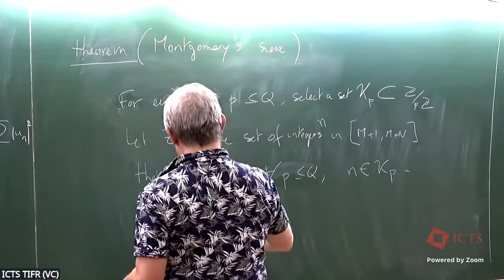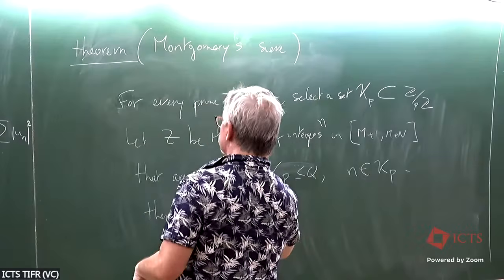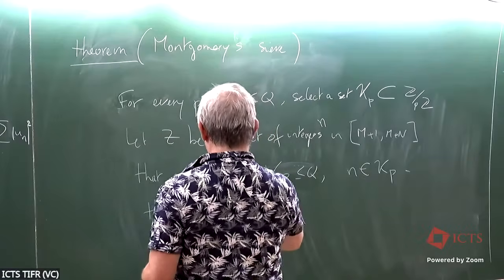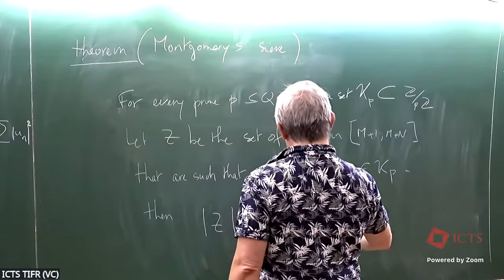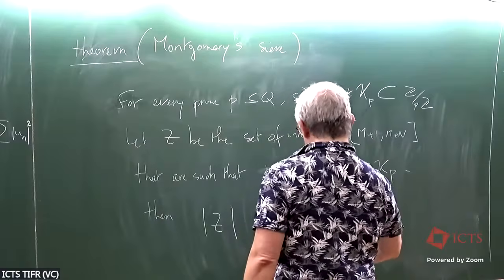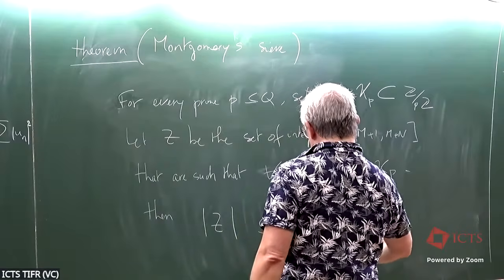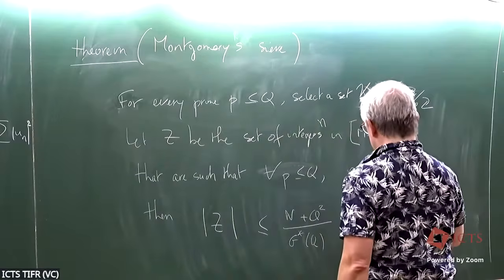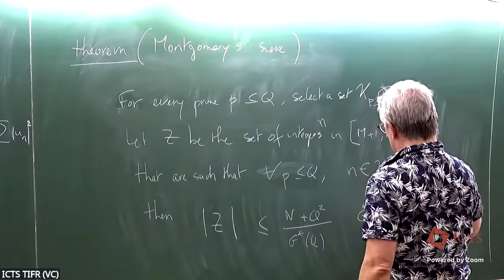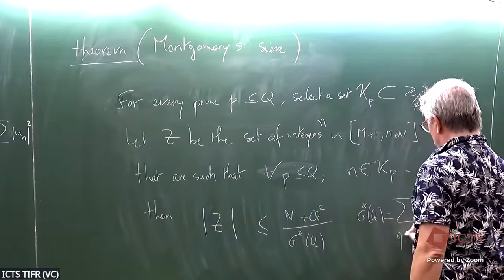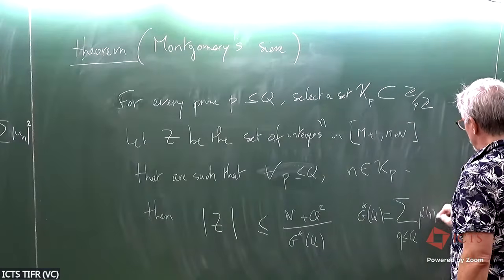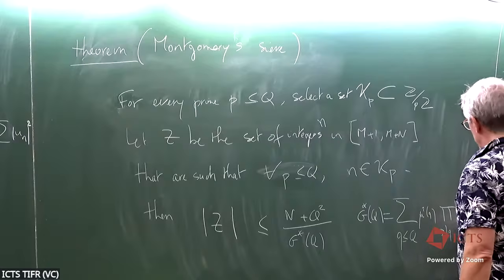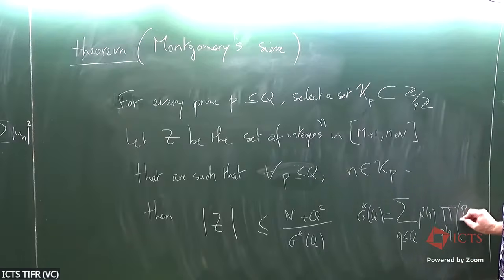Then the cardinality of Z, the set, is less than (N plus Q squared) upon G*(Q), and G*(Q) is the sum for q less than capital Q of mu squared of q, product for p dividing q of p divided by the cardinality of K_p minus 1.